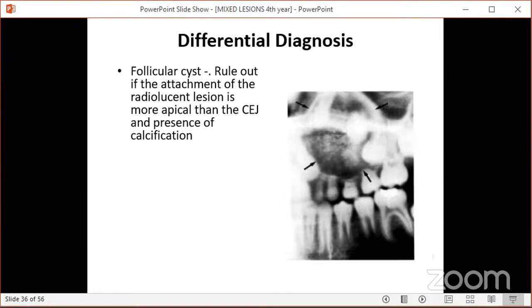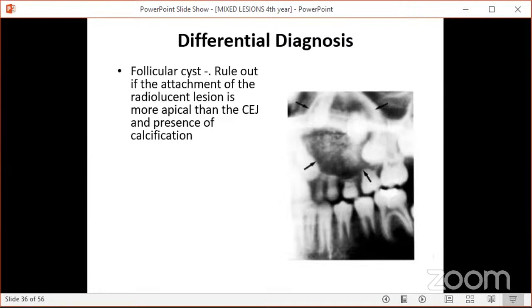So if you want to rule out if this lesion is a follicular cyst, you'll be looking at the periphery as the attachment of that lesion, whether it is at the cemento enamel junction or not. And then within the lesion, if you find calcification, then you're sure it's not a follicular cyst. But probably early, before the calcification develops, you may confuse it with a follicular cyst.